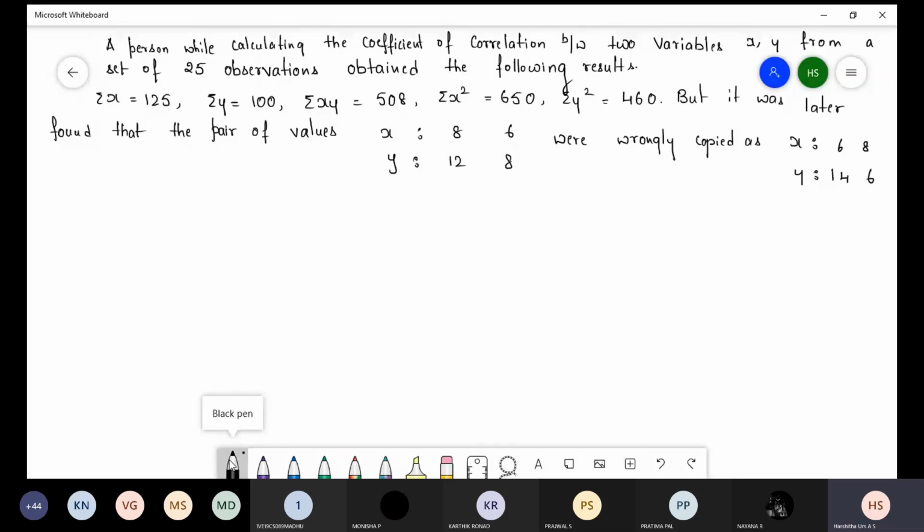Obtain the correct value for the correlation coefficient.